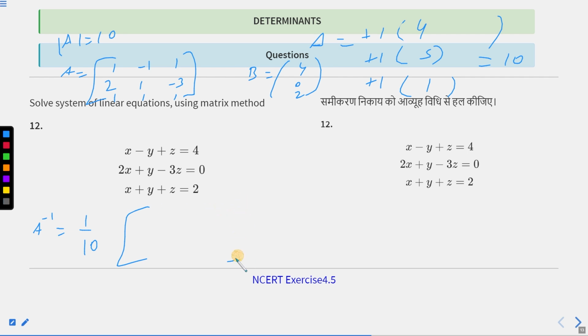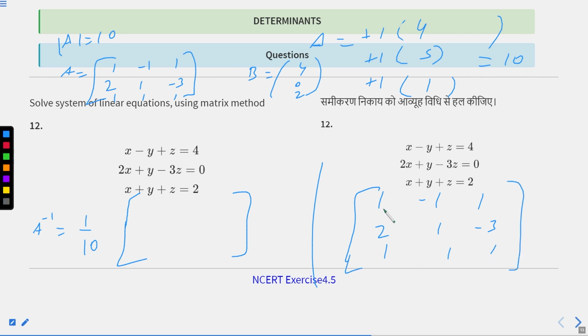So now let me quickly evaluate the adjoint of A. Adjoint of A will be, as you can see, let me write A here: 1 minus 1 1, 2 1 minus 3, 1 1 1, and repeated columns.